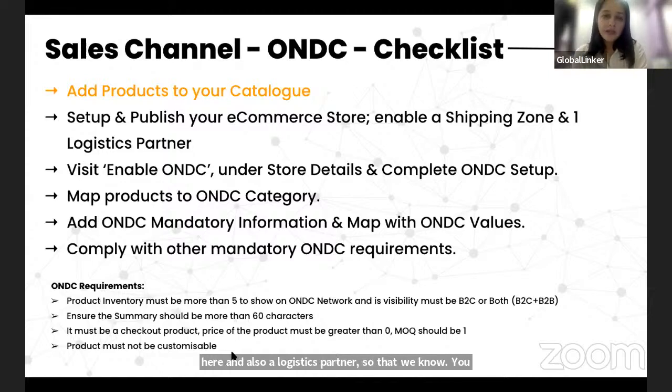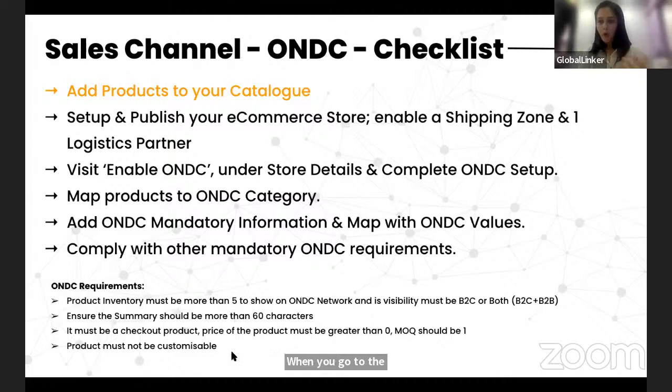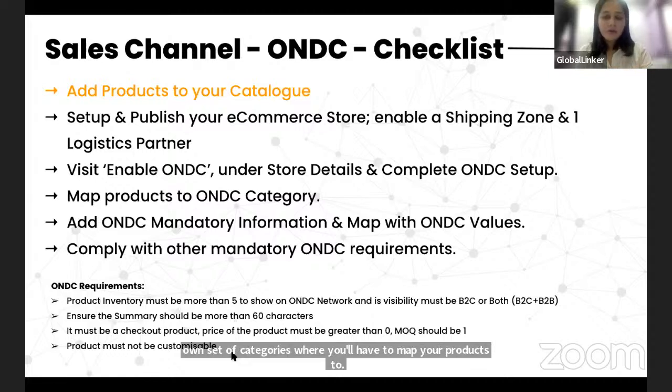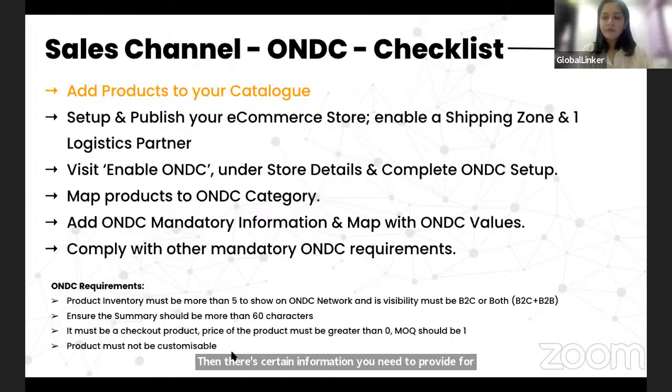Then you enable ONDC and update the ONDC setup requirement form, and map products to your ONDC categories. ONDC has its own set of categories where you'll have to map your products. Then there's certain information you need to provide for ONDC. And after you do that, you can just enable it and your products will start showing on the ONDC network.